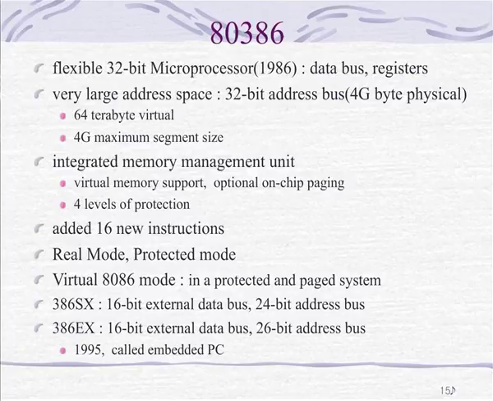Now, the various options of 386 are 386SX and 386EX. The 386SX has a 16-bit external data bus and 24-bit address bus, and the 386EX has a 16-bit external data bus and 26-bit address bus.